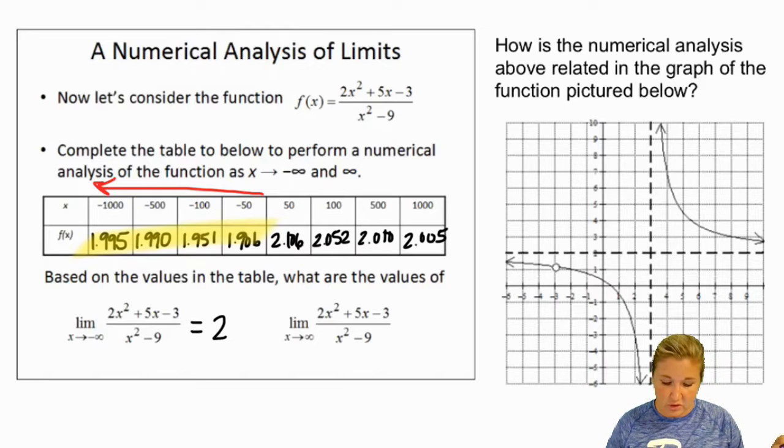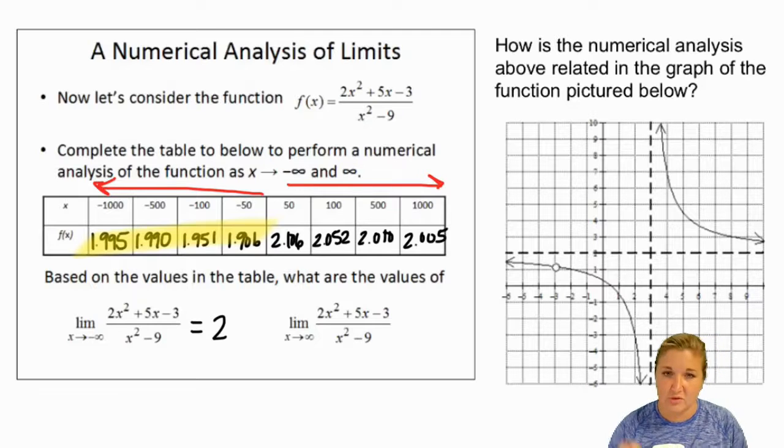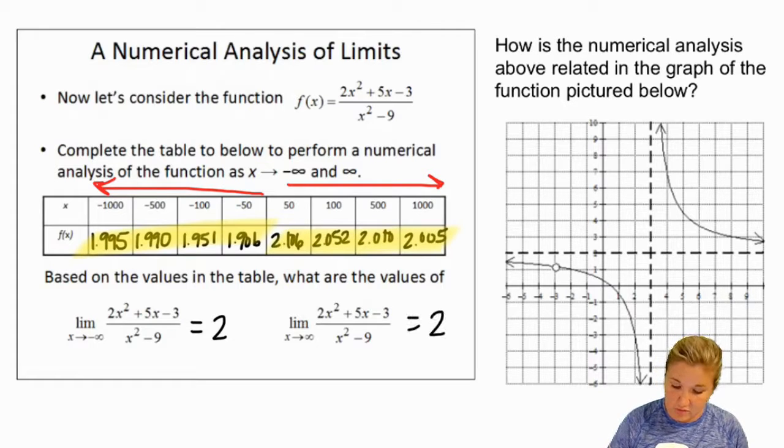Okay, it's getting closer and closer and closer. Then, likewise, as the numbers are getting larger and larger this way, so approaching positive infinity, these numbers are getting closer and closer to the same number, which is 2.